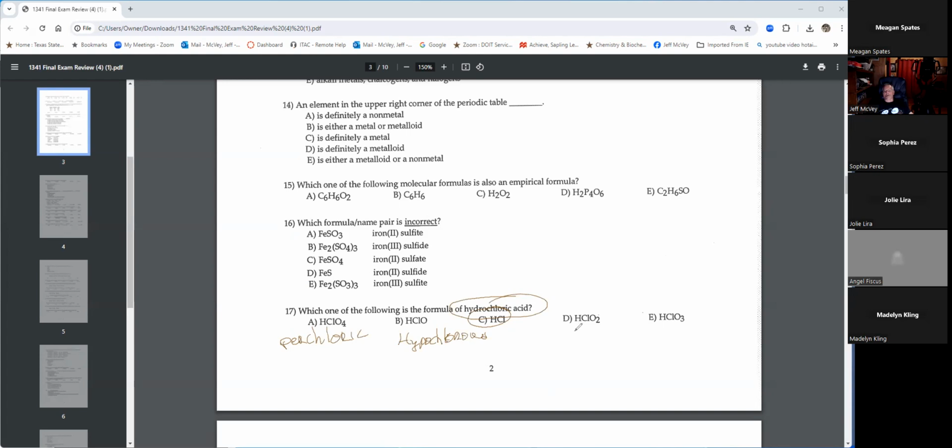And this is chlorous acid. And this is chloric acid. Okay, just got to add acid to all of those.